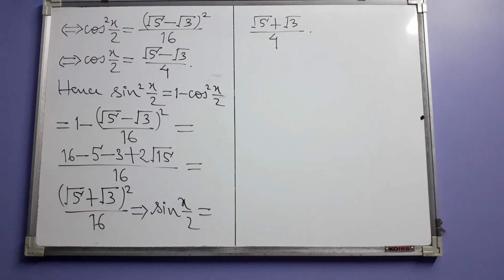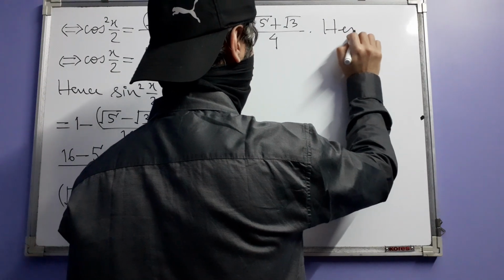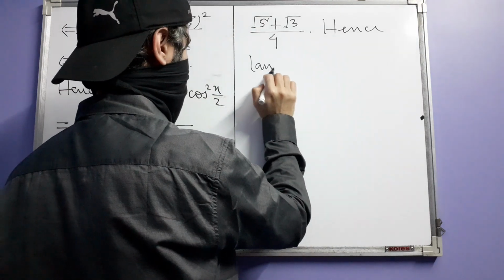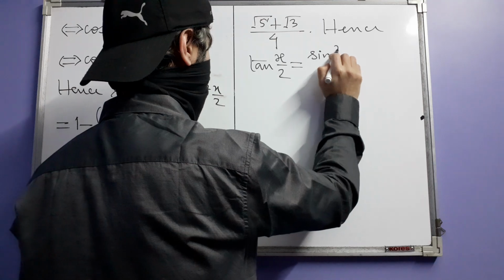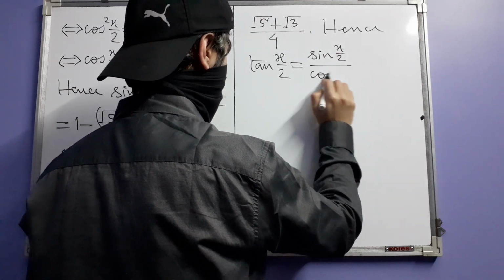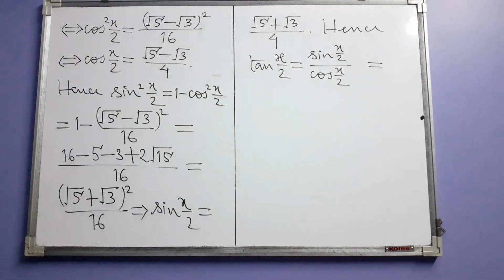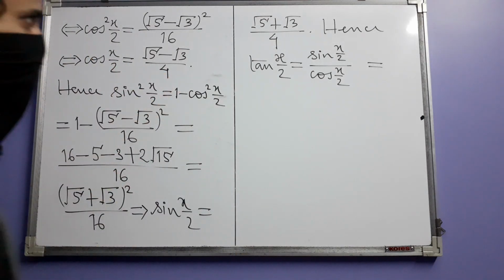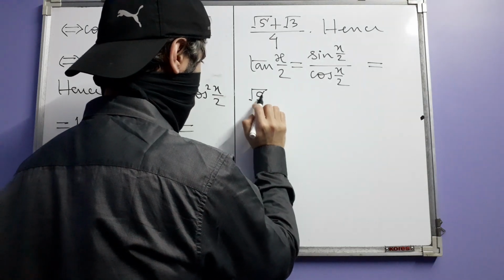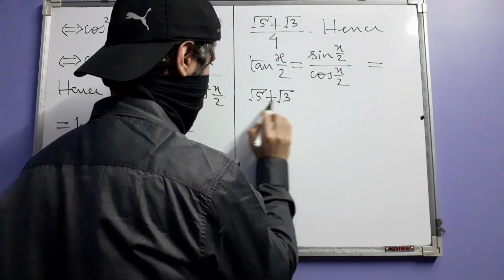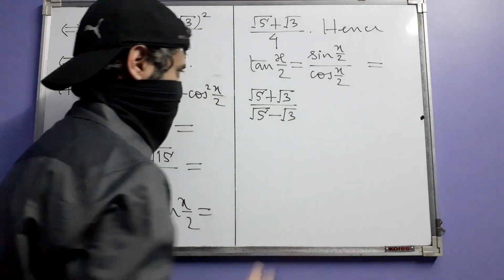So we now have cos and sin, so we can write tan. Hence tan x over 2 is sine divided by cos, and that will be, if you use these values and cancel the fours, you have this.